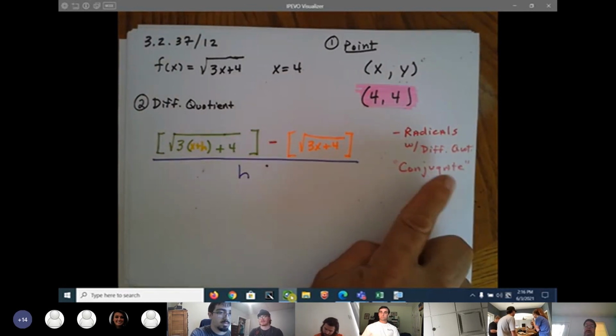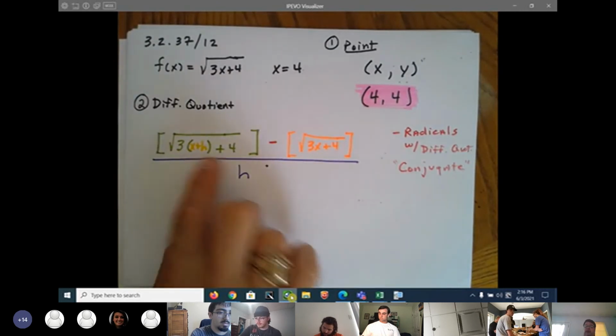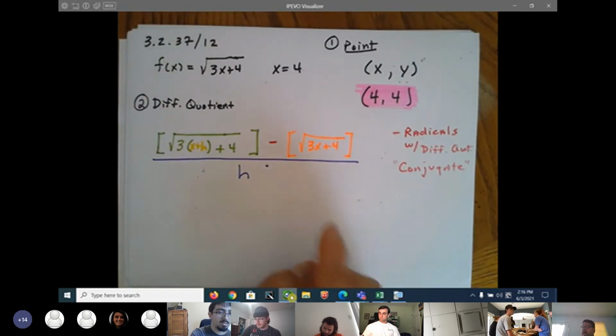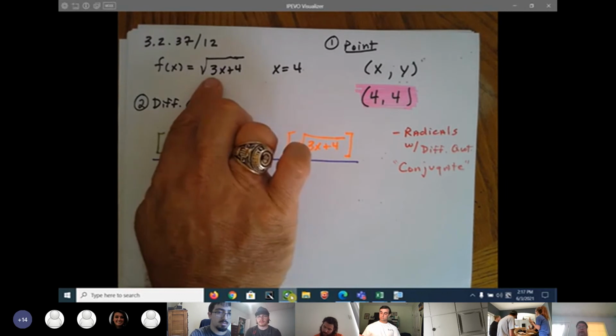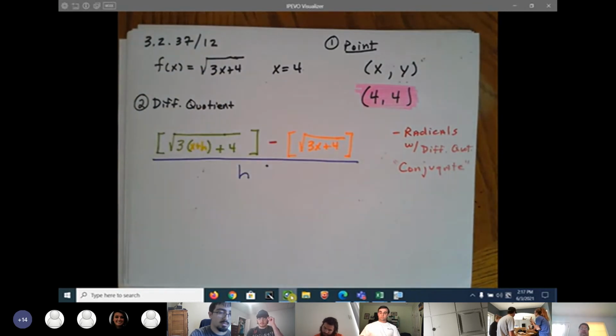Okay, so go ahead and write that down because you're going to have to eliminate the radicals in the numerator. So whenever you see a radical problem like this and it says differentiate and you don't know how to do the chain rule, this is the only way to do it.